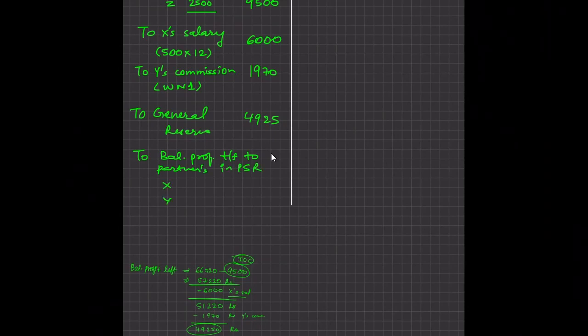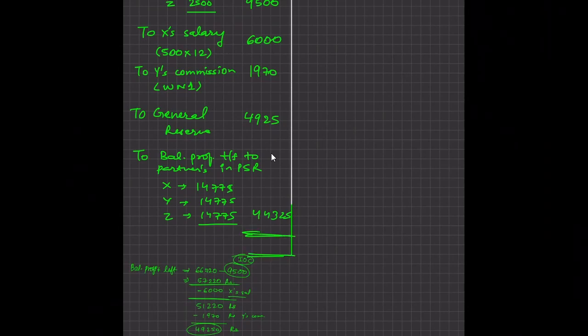So X, Y, Z, those three will get 14,775, 14,775, and 14,775. The total of this would be 44,325, and both the sides will get tallied.